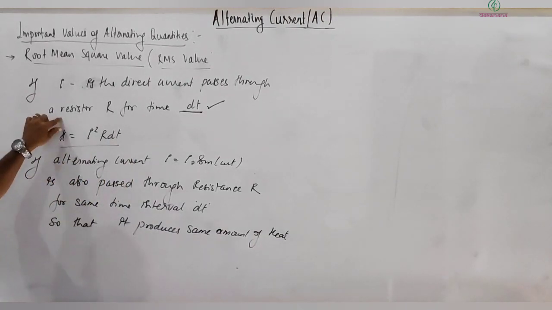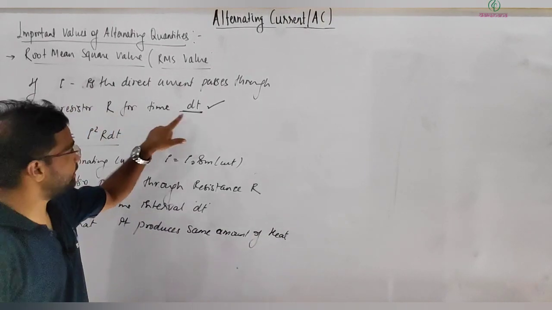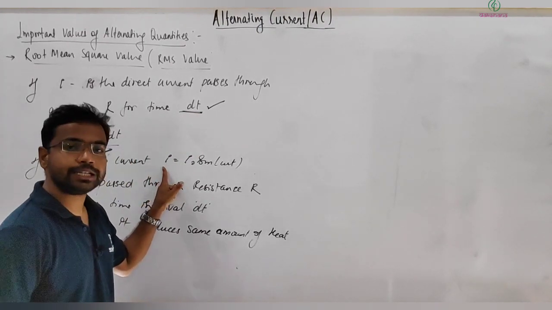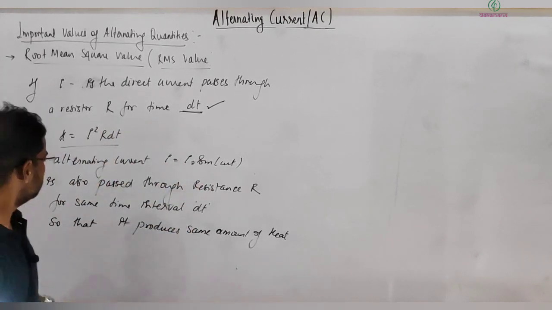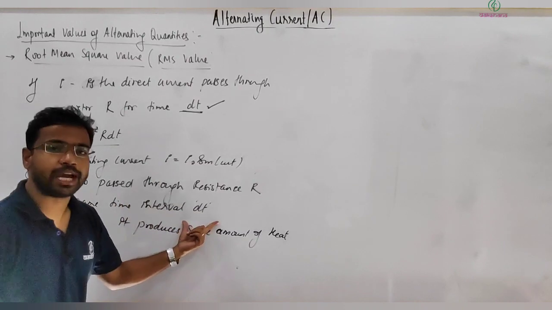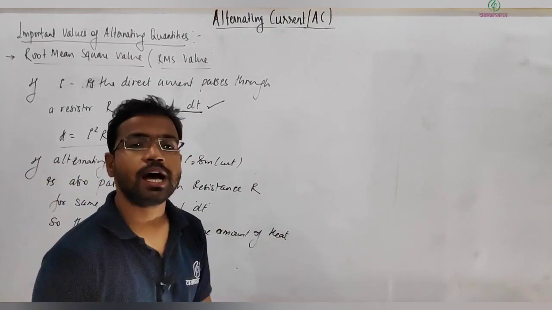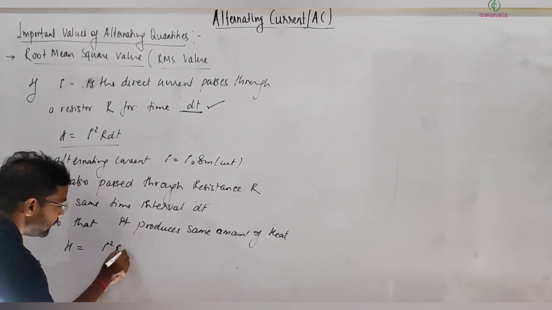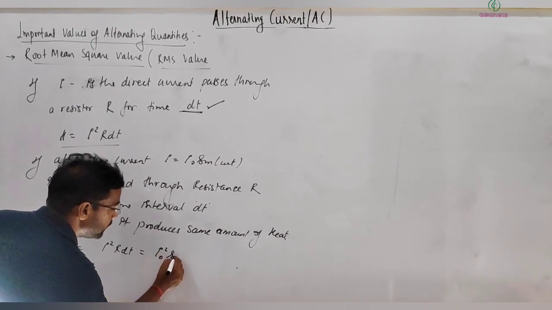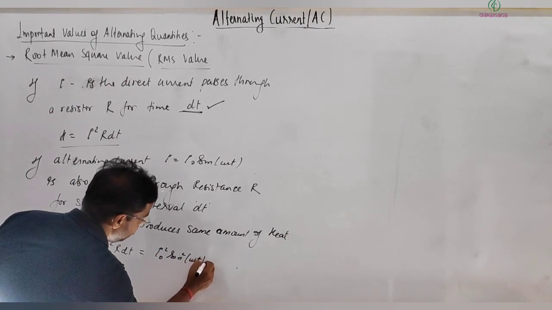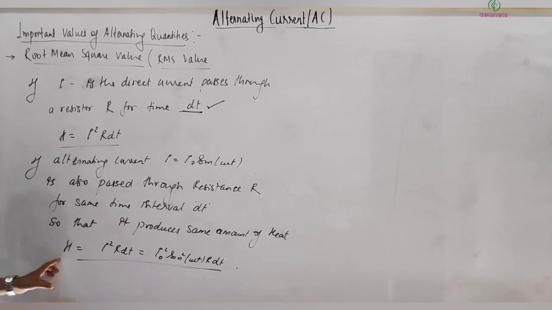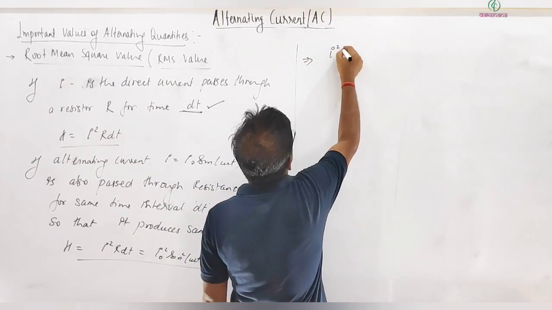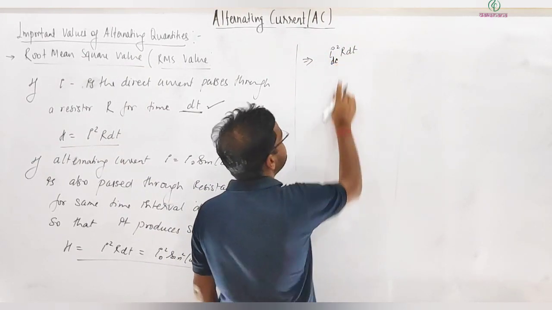Now this is a DC current passed through resistor R for an interval of dt, and the heat produced is this. Here I am passing an alternating current I is equal to I naught sine of omega t through the same resistance R for the same interval of time, and I want the heat produced in the resistance R to be equal. So the heat is I square R into dt, where I will write I naught square sine square omega t into R into dt, and this heat must be equal to I square R dt, with I as its DC value.